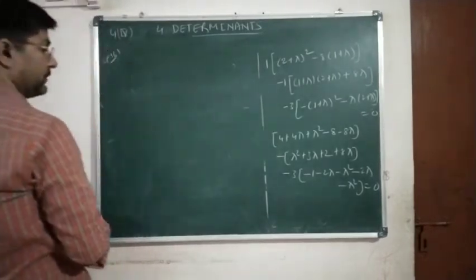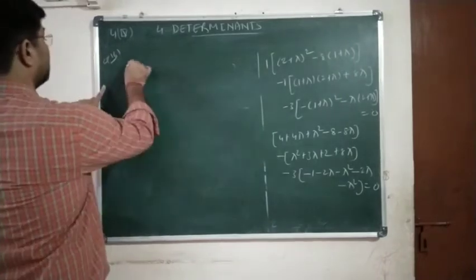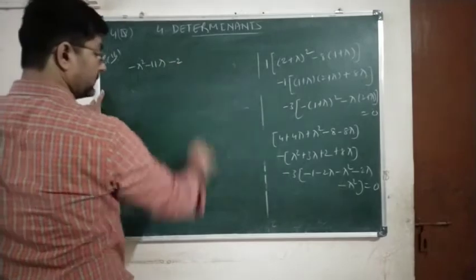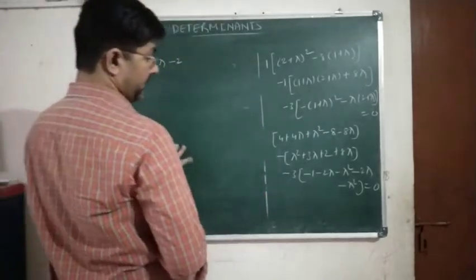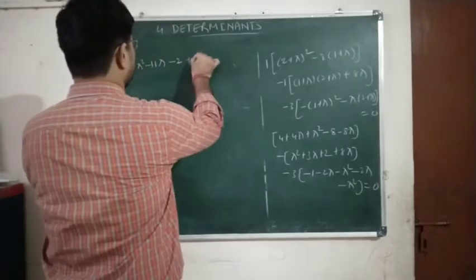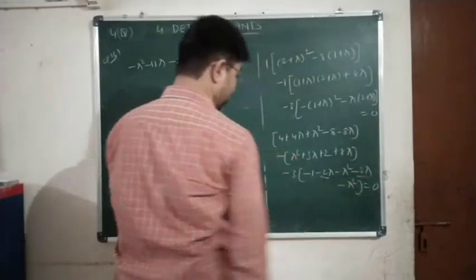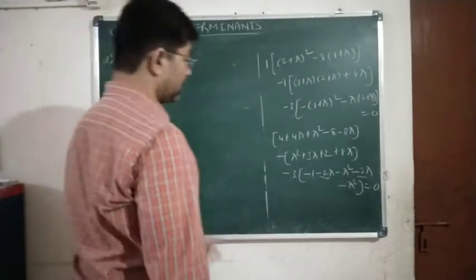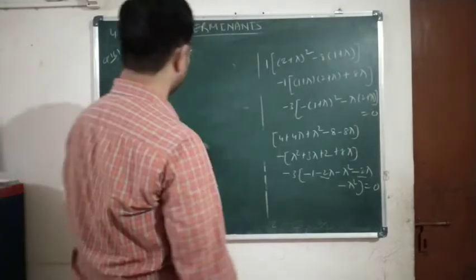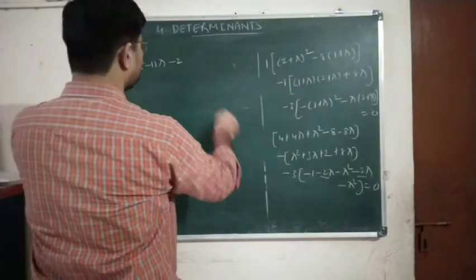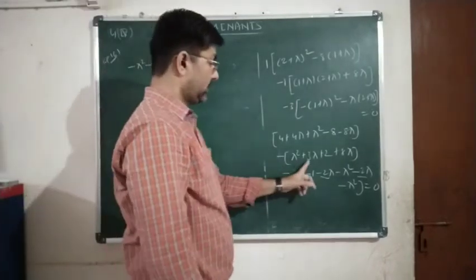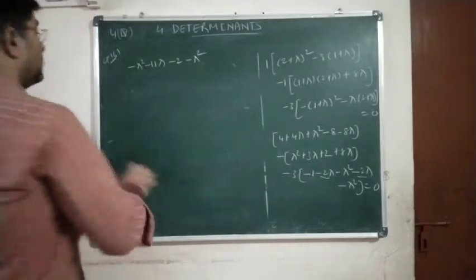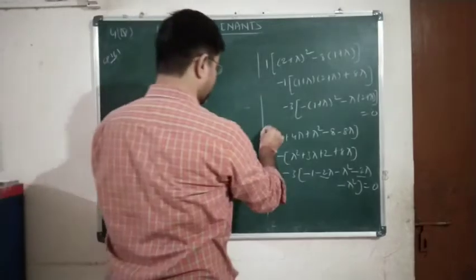Minus lambda square, 8 plus 3, 11. I think we have done some mistake in the simplification. The first bracket is this, yes or no?